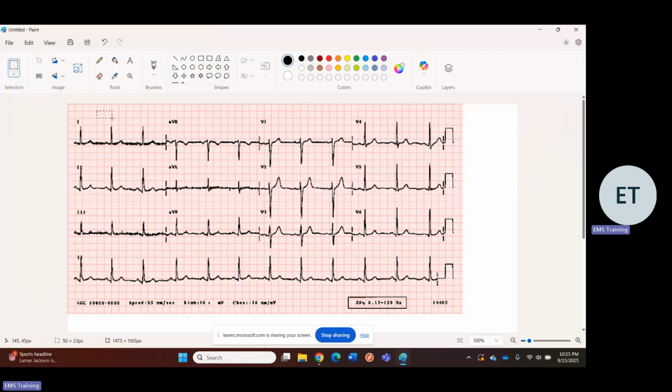So if you had 1 every 2 boxes, that would be about 150. 1 every 3 boxes, 300 divided by 3, that's 100. 4 boxes, 300 divided by 4, 75. 5 boxes, 300 divided by 5 is 60. 6 boxes, 300 divided by 6, that's 50. 300 divided by 7, I don't know, less than 50. So you can get a rough idea just by counting how far away these boxes are, assuming that your rate is regular.